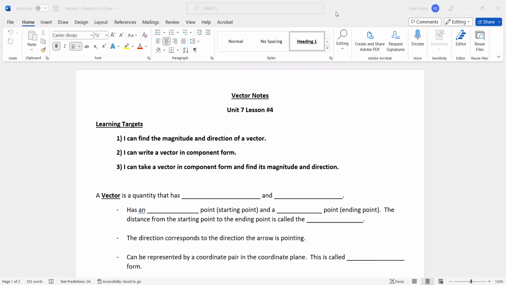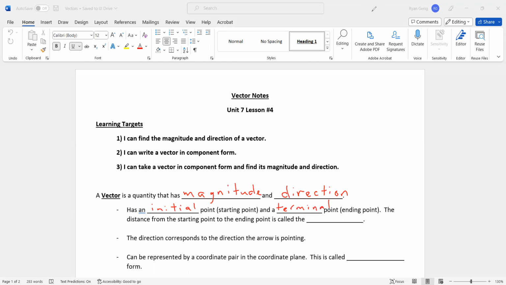So I just said it, but a vector is a quantity that has magnitude and direction. It has an initial point, which I also just call the starting point, and a terminal point, or an ending point.